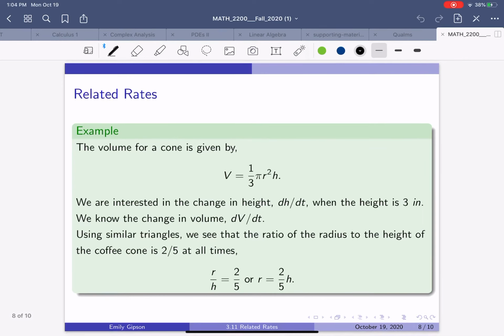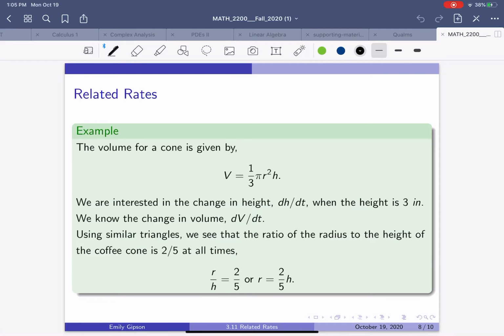So the next step comes like so. We're interested in the change in height, dh/dt, when the height is 3 inches. And we know the change in volume, dV/dt. Using similar triangles, we see that the ratio of the radius to the height of the coffee cone is 2/5 at all times. That is, the radius divided by the height is always going to equal 2/5, or r equals 2/5 times h.